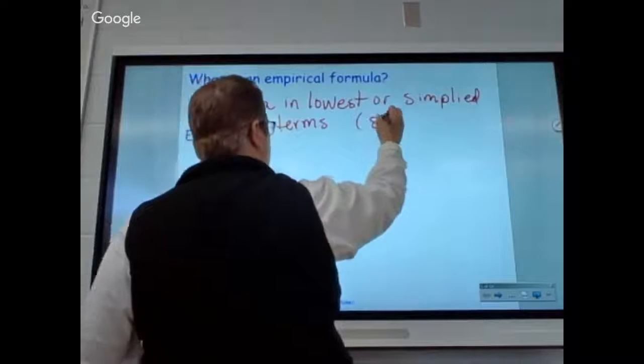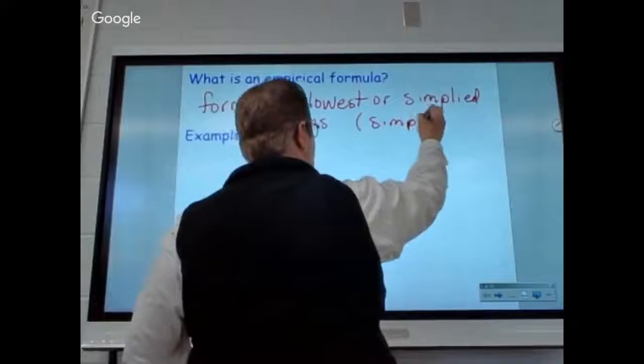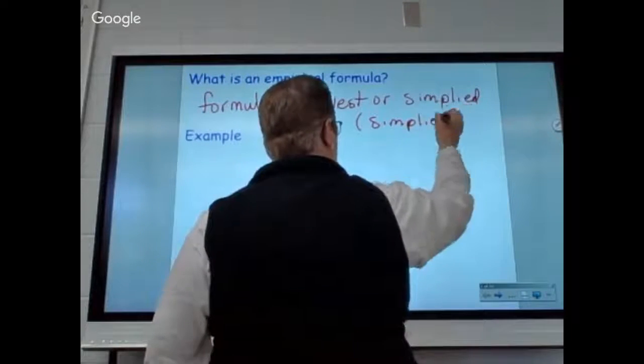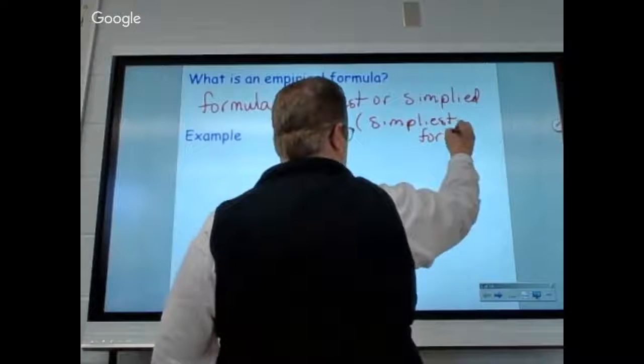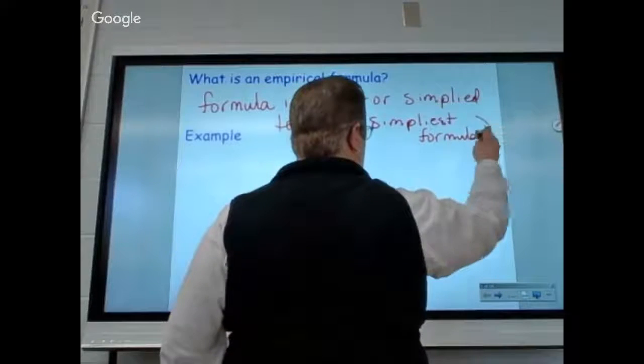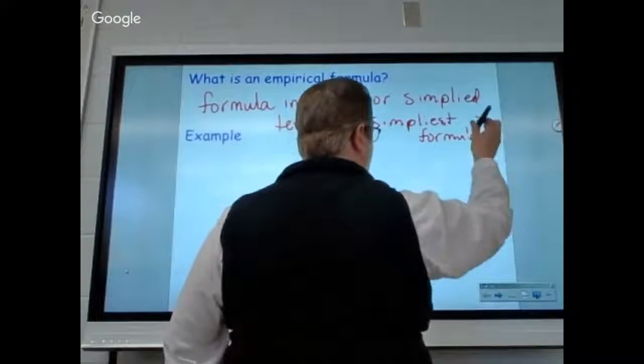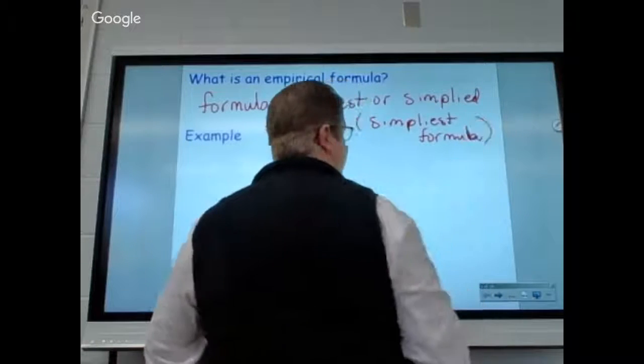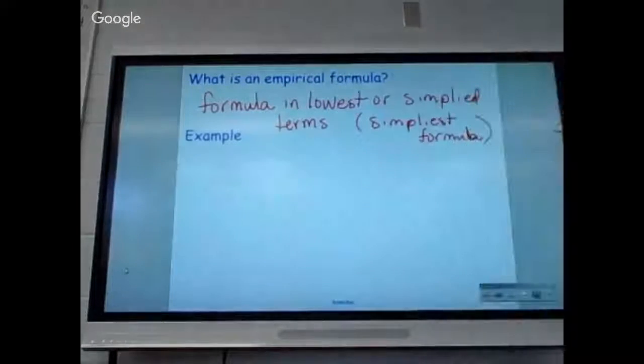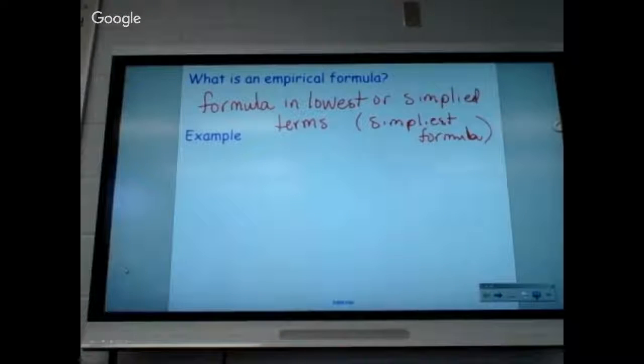Sometimes it's referred to as the simplest formula. Some books will even call it the simplest formula instead of the empirical formula. So this works very much like math class in terms of the name.